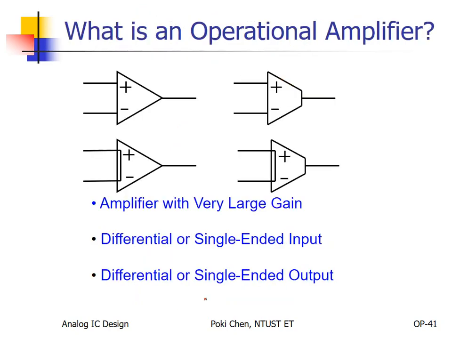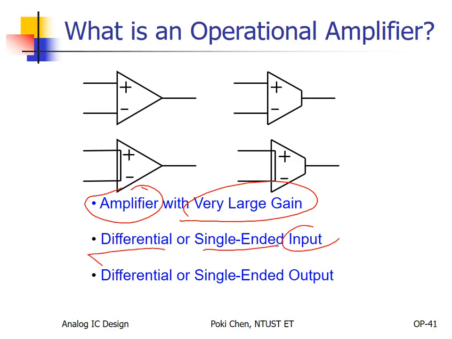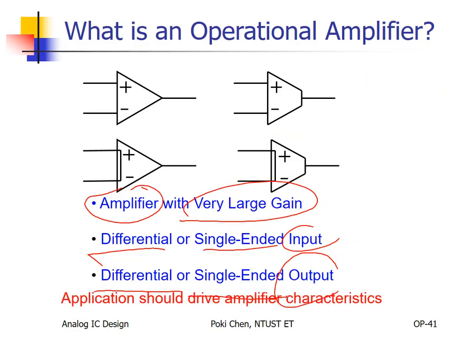So again, what is the definition for an op-amp? Because we told you again, amplifier with very large gain. That is the first requirement. And then, for the input, it could be differential or single-ended. Output again, it could be differential or single-ended. Wow, we get much more freedom, much more flexibility than before. Yeah. So, for those two, who decides it?